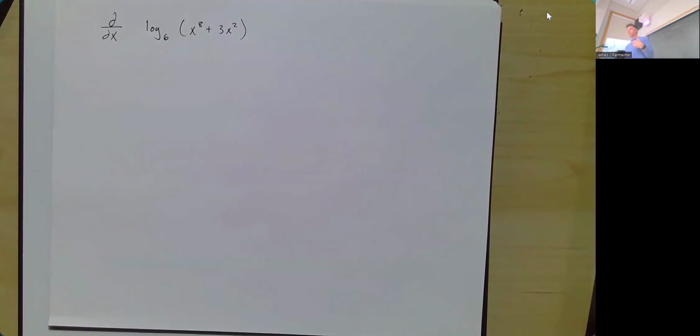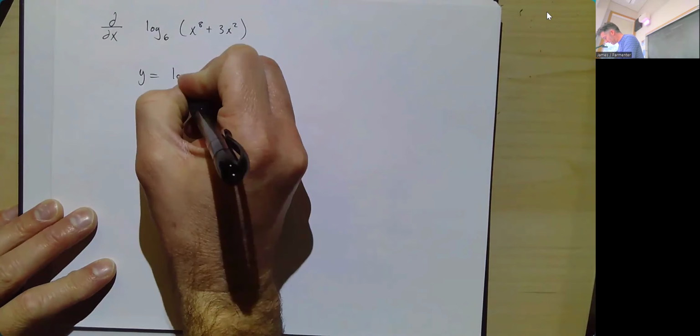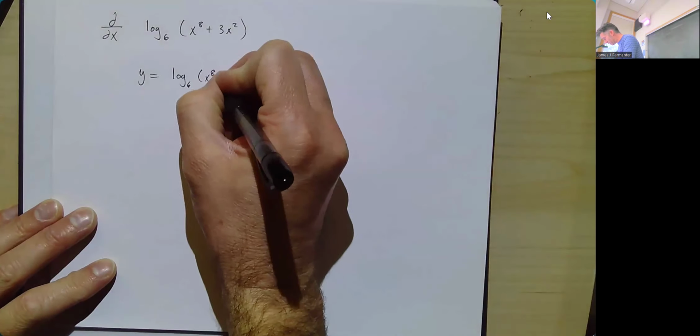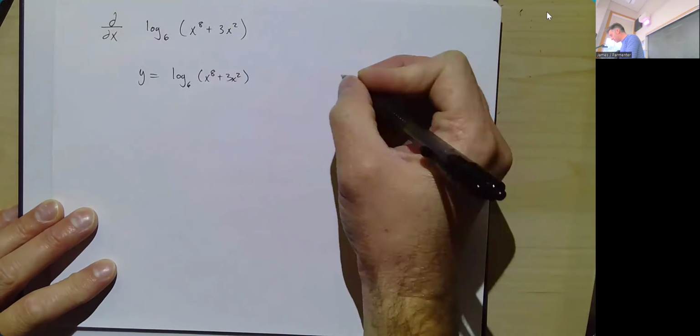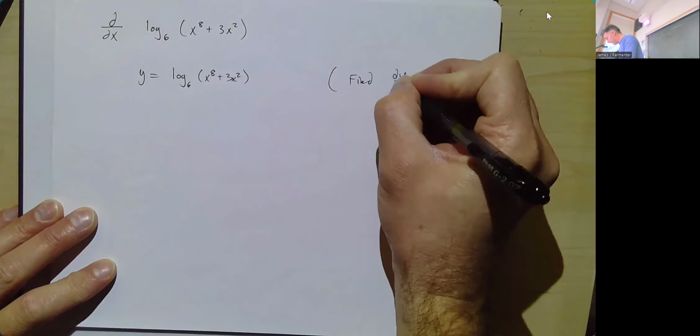To really do this the longer way, we have to write it as an equation. Sometimes someone's going to ask you to take the derivative of something, and the onus will be on you to first say, I'm going to write this as y equal to a thing, and then manipulate both sides of that equation to get where you want to go. So I'm going to rewrite this as y equal to log base 6 of x to the 8th plus 3x squared. And I'm going to remind myself, I'm trying to find dy/dx.